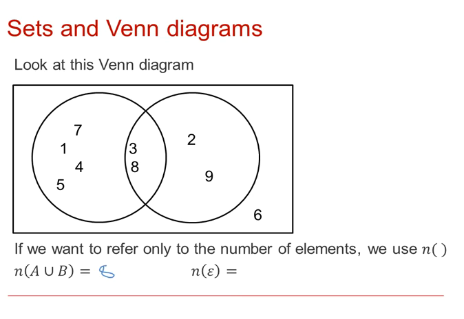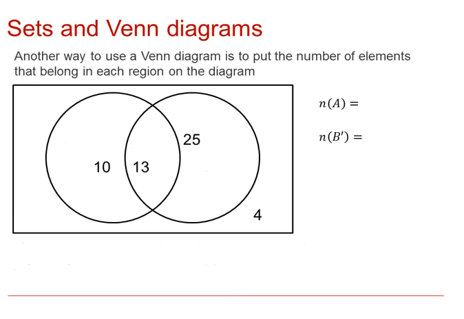And the total number in the whole universal set would be 9. N of A in this case we can see is 23, so in other words 10 plus the 13. And n of B not would be 10 plus the 4, which is 14.